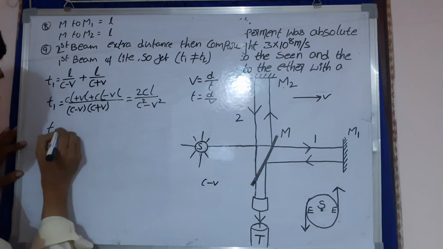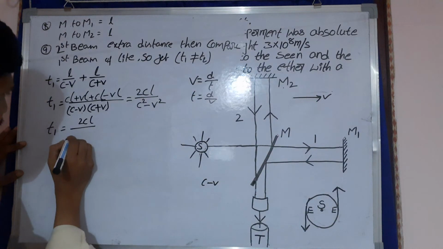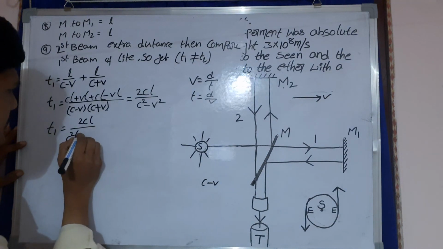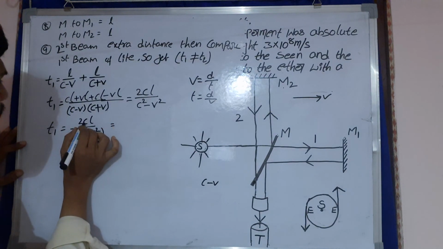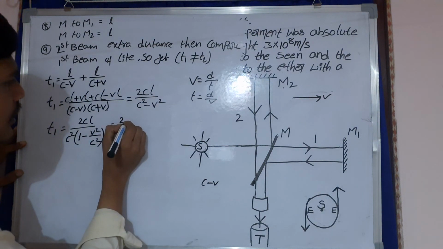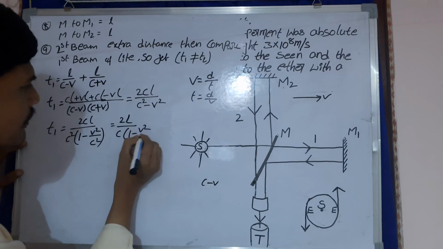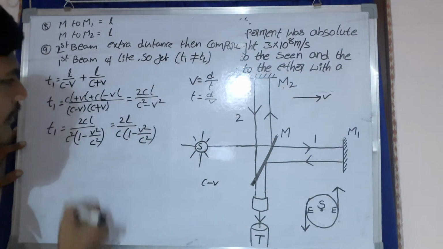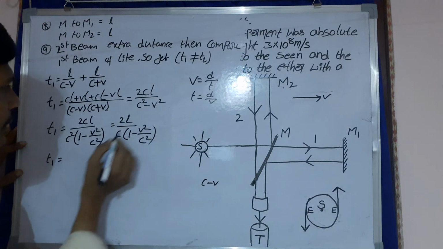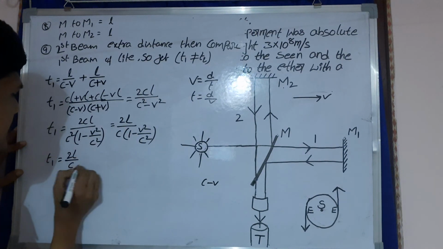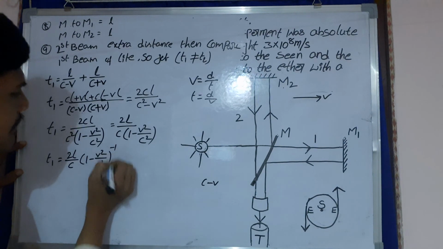So T1 equals 2CL by the common term c square, that is 1 minus v square by c square. The c cancels, remaining 2L by c into 1 minus v square by c square whole inverse.